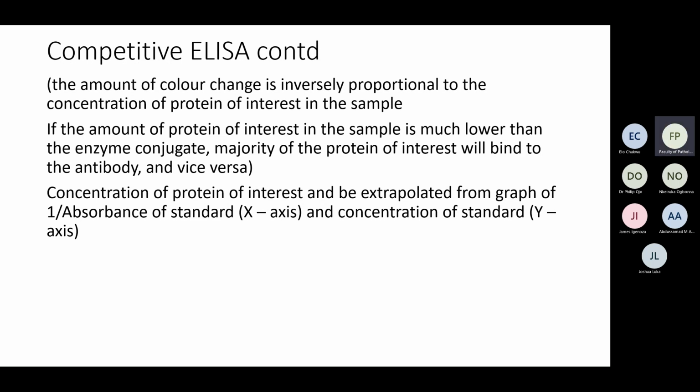After you have run the samples, you can plot a graph of your standards. Standards are usually run in duplicates or triplicates, so you find the means, and then you plot a graph.